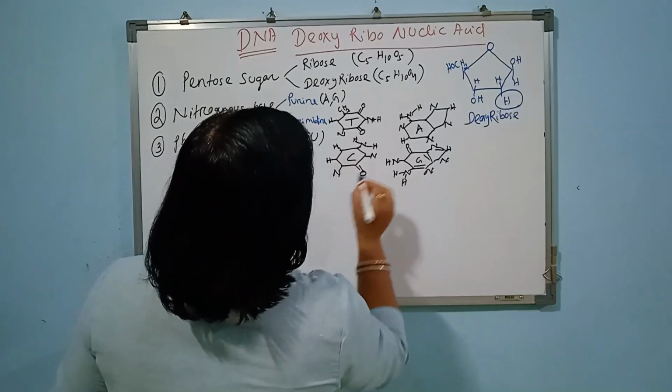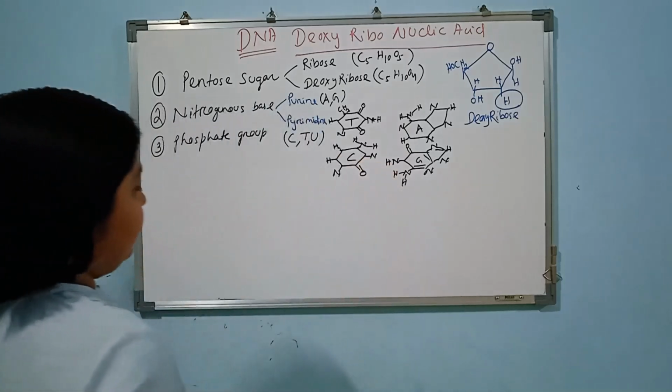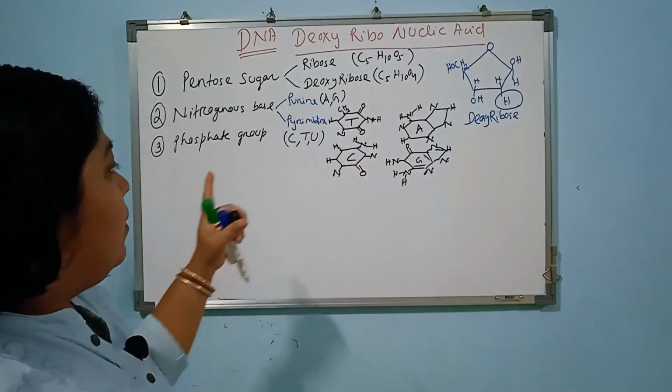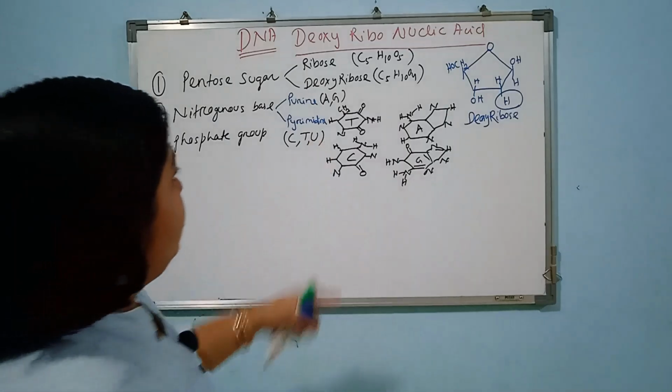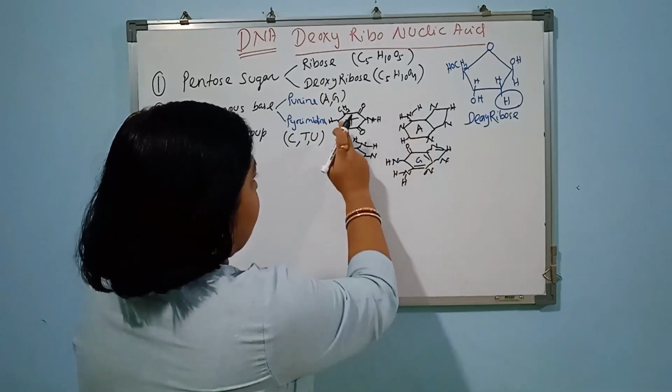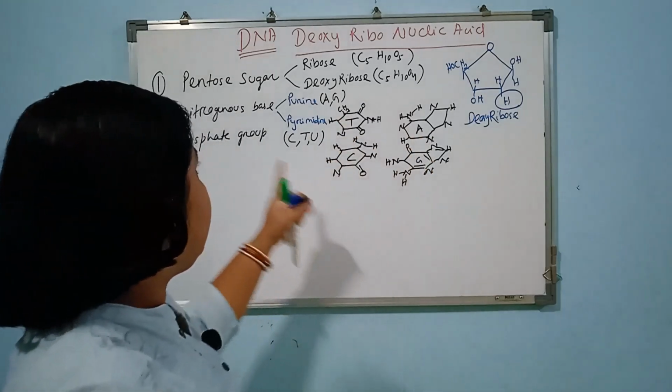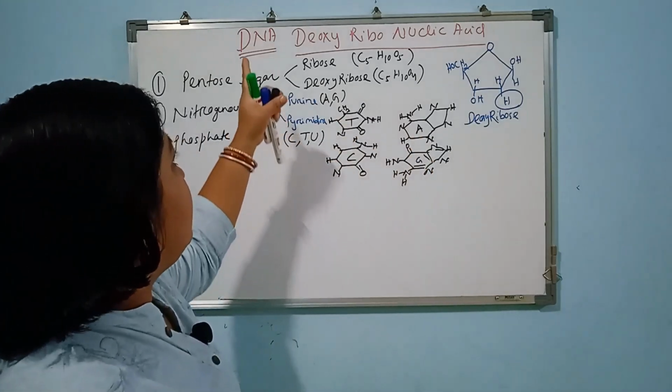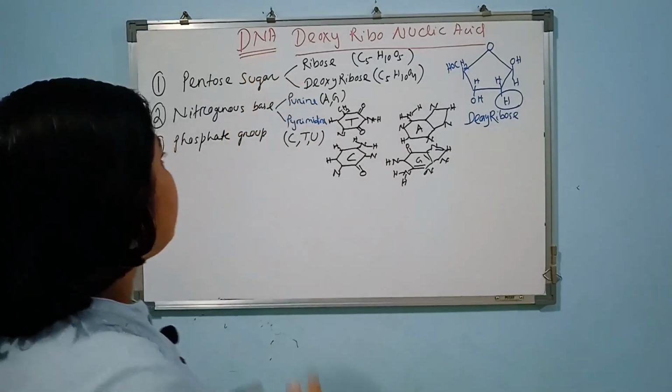And this is the structure of cytosine. So adenine, guanine, cytosine and thymine are present as nitrogenous bases in DNA.